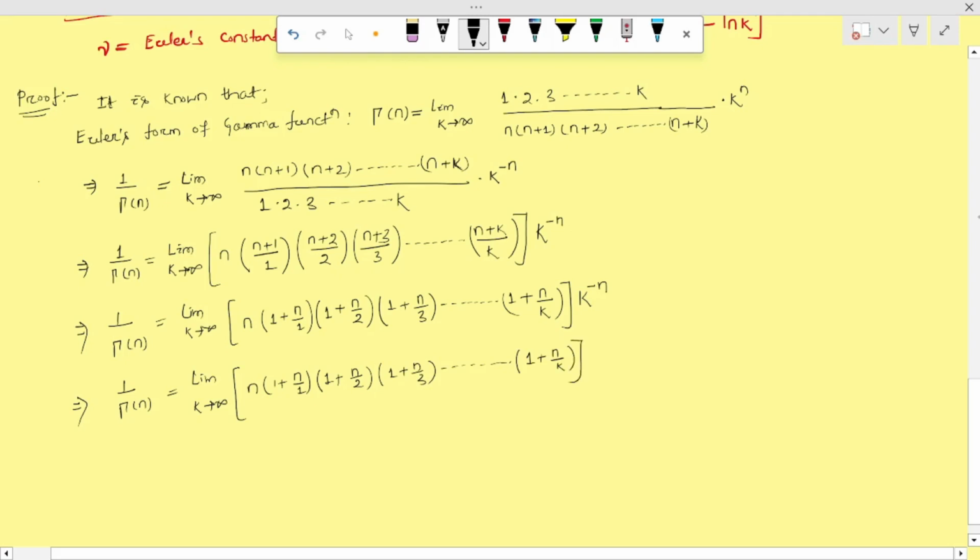Here k to the power minus n can be written as e to the power minus n ln k.